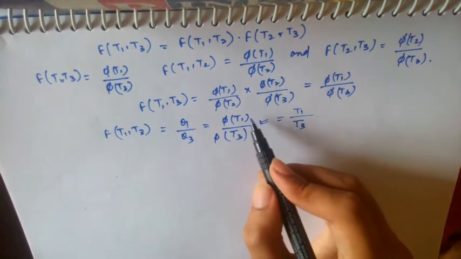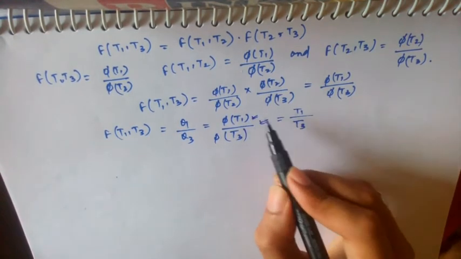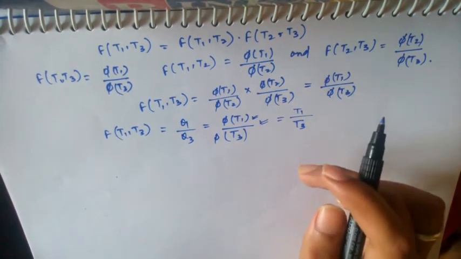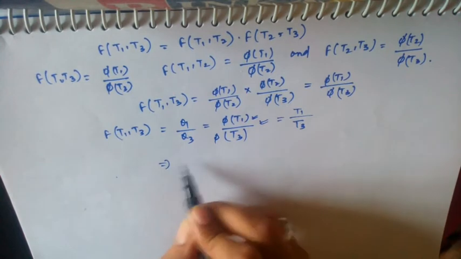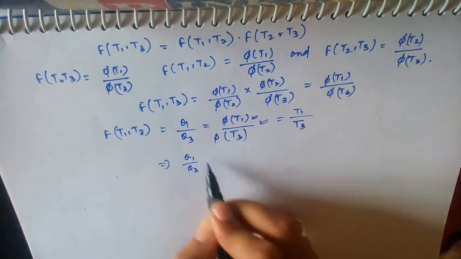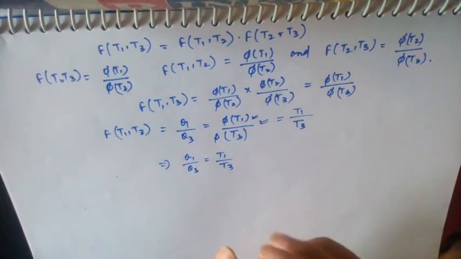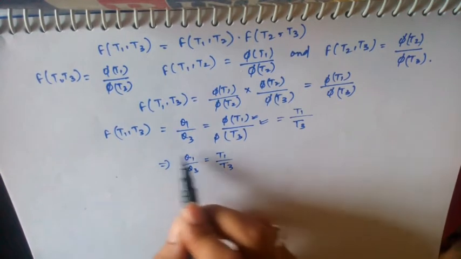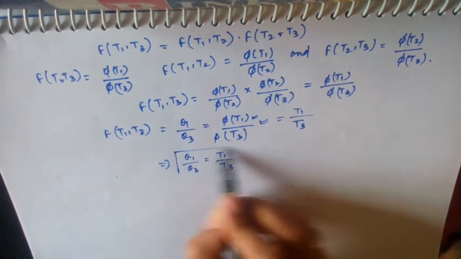He said that it will not be wrong to take this function as the ratio of the Kelvin temperatures. So he was the first who said that Q1 upon Q3 can be written as T1 upon T3, and since then we are assuming Q1 upon Q3 is equal to T1 upon T3.